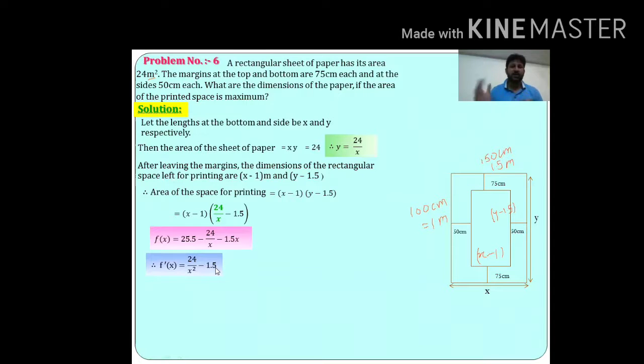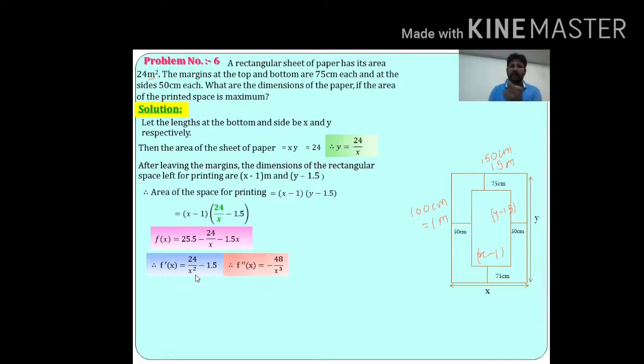Now one more derivative we have to find out, the second order derivative, that is f double dash of x. For f double dash of x, the derivative of the first term, 24 by x square: this 24 multiplier you can keep as it is. The derivative of 1 by x square is minus 2 by x cube, and that will multiply with 24. It becomes minus 48 by x cube.